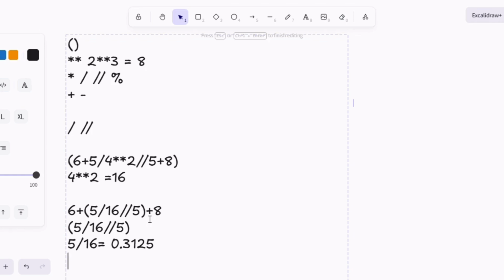We'll divide this value 0.3125 by 5. So what will be the output? It will be 0.0.